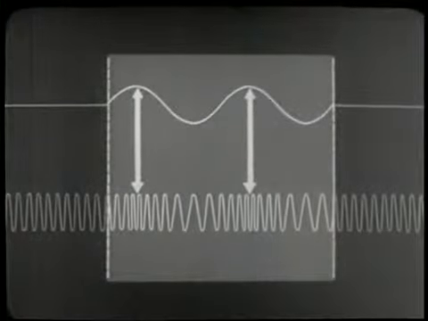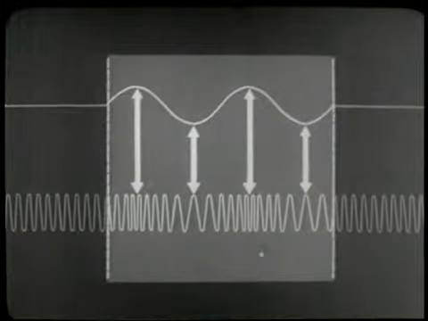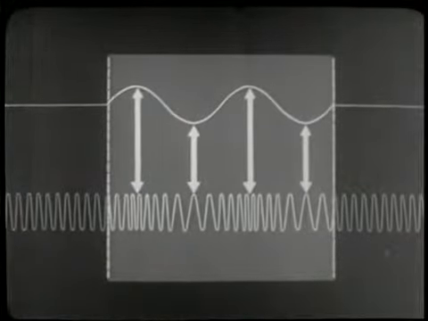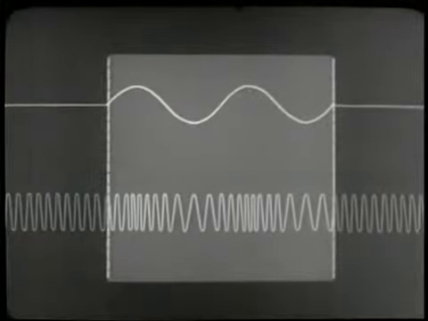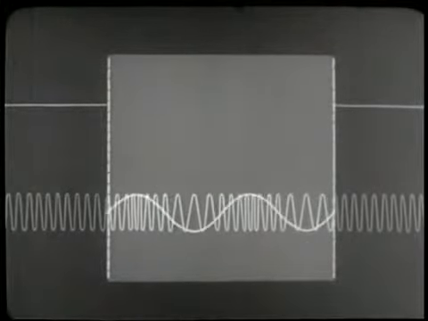And the carrier has moved below rest frequency twice as often in the same period of time in response to the doubling of the audio signal frequency. But since the amplitude of the audio signal was not changed, the distance above and below rest frequency traveled by the carrier has remained constant.